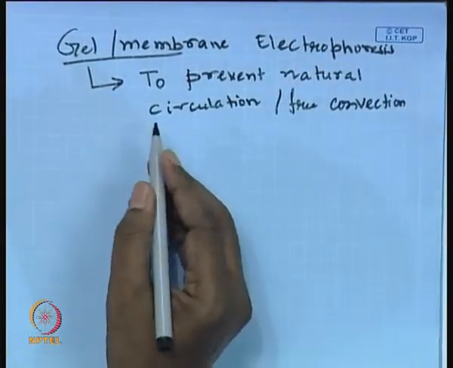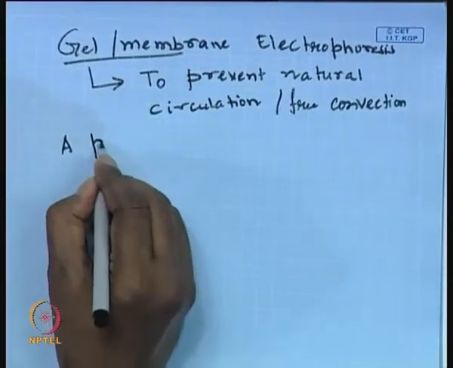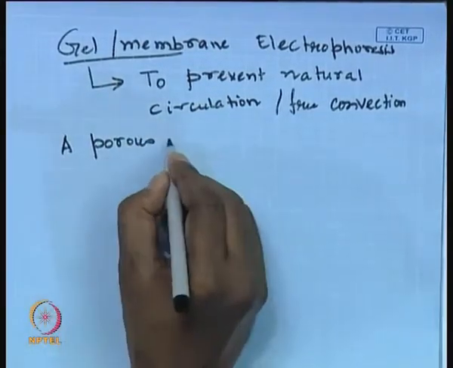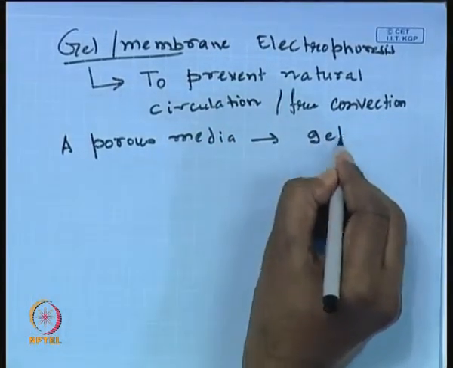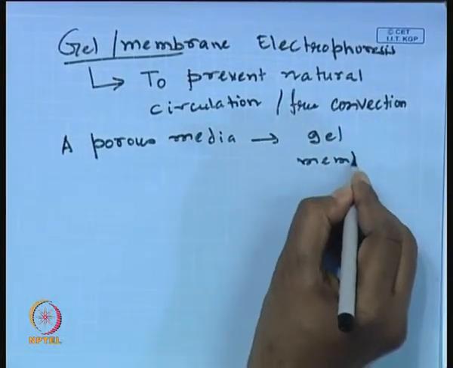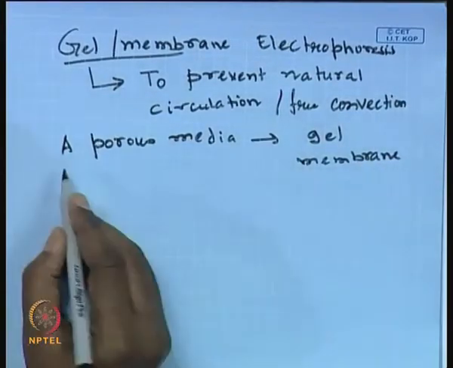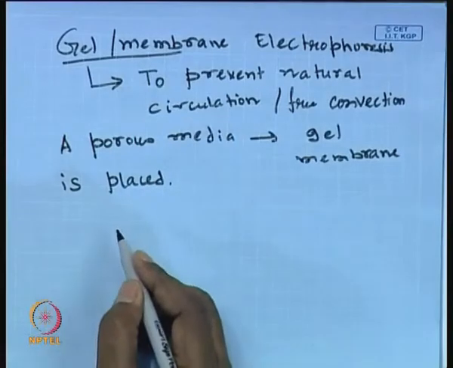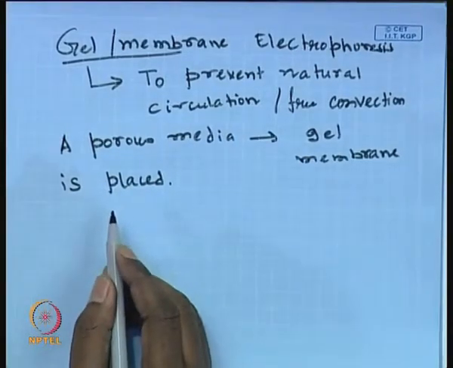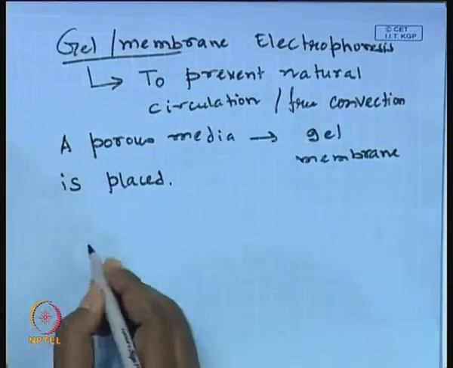A porous medium, either in the form of a gel or a membrane, is placed, and this method is known as zone electrophoresis.